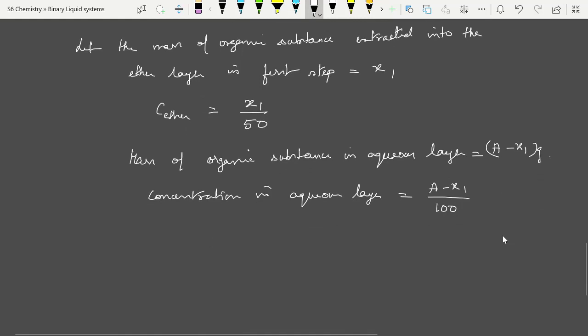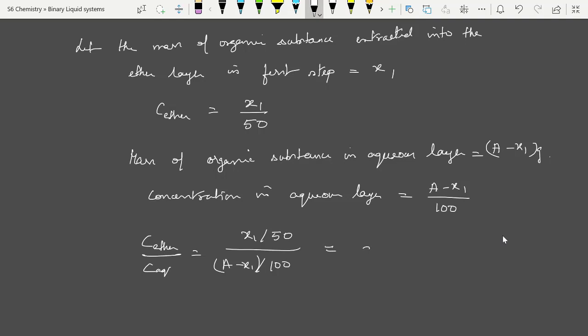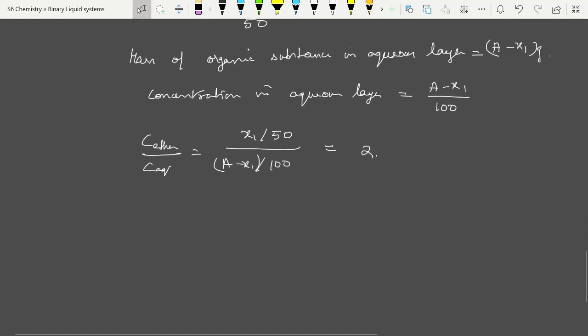So we can write C ether divided by C aqueous is equal to x1 divided by 50 divided by A minus x1 divided by 100, and this is equal to 2. So when we rearrange this, we will get x1 divided by 50 into 100 divided by A minus x1 is equal to 2.